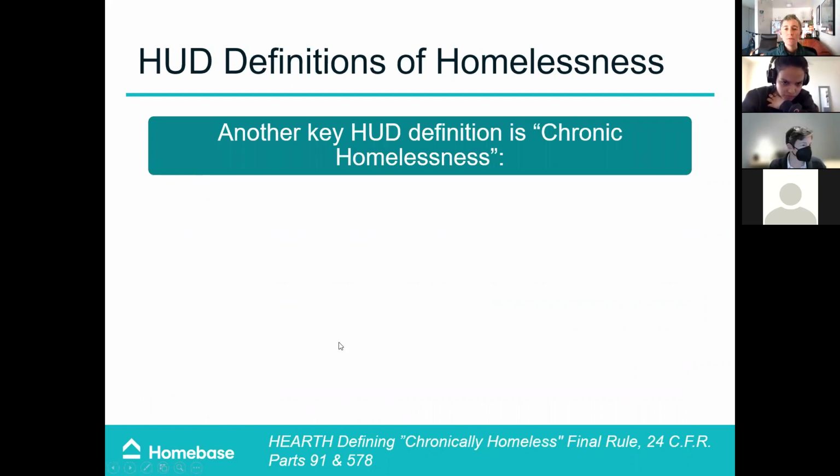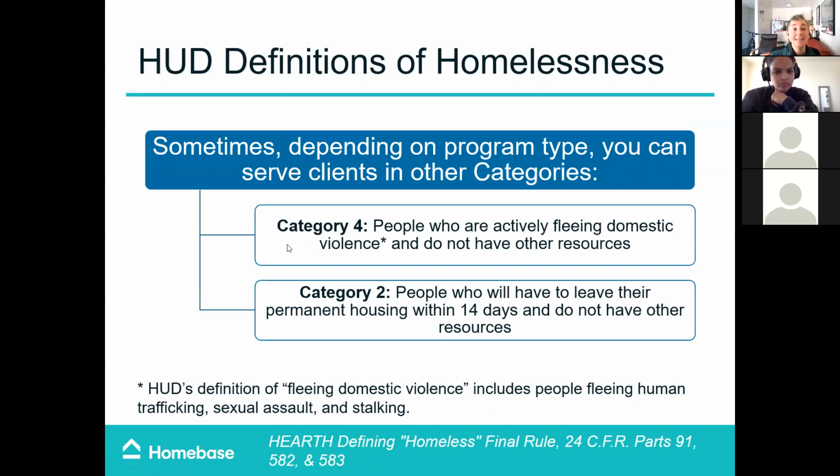So we've gone over categories 1, 2, and 4 of the definition of homeless. The second definition we talked about was the definition of chronic homelessness. Chronic homelessness, let's see, for category 4. Yes, oh, great question. Thank you in the chat.